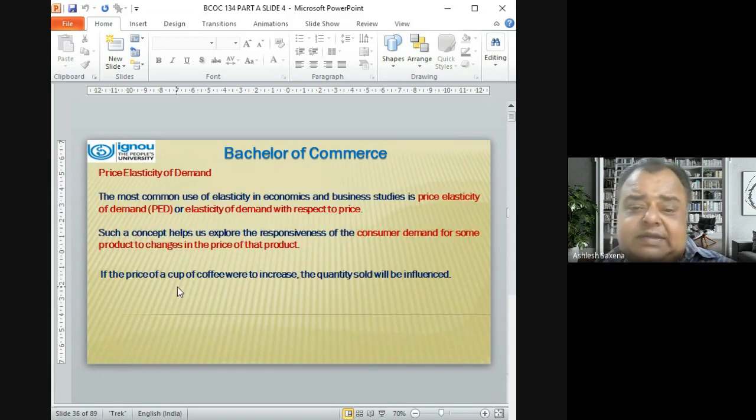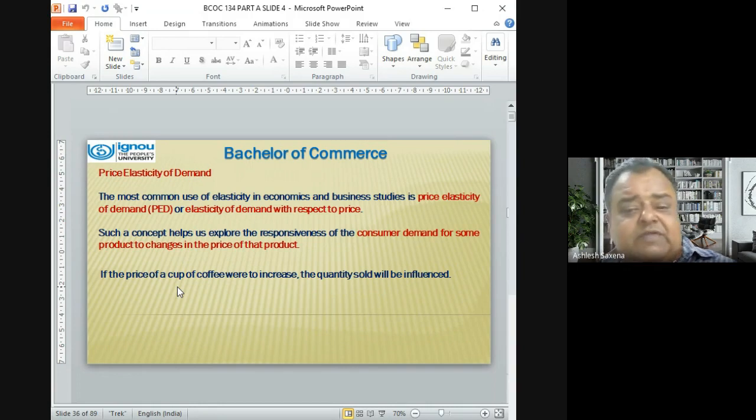Price elasticity of demand. The most common use of elasticity in economics and business studies is price elasticity of demand, what we call E, the elasticity of demand with respect to price. Such a concept helps us to explore the responsiveness of consumer demand for some product to change in the price of the product.